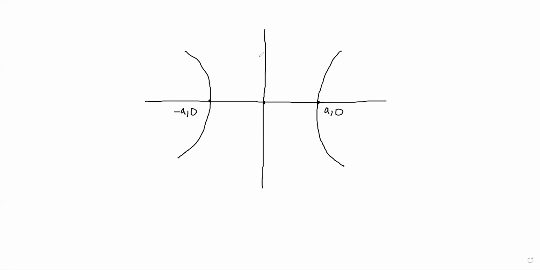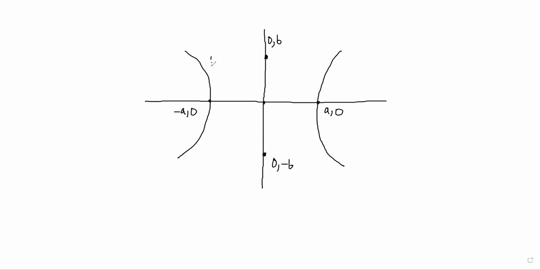This is my standard hyperbola, and these are the vertices. I'm making a mistake. It is minus a comma 0 here, and this is a comma 0. The center is somewhere here, and the conjugate axis vertices are here 0 comma b and here 0 comma minus b, right?